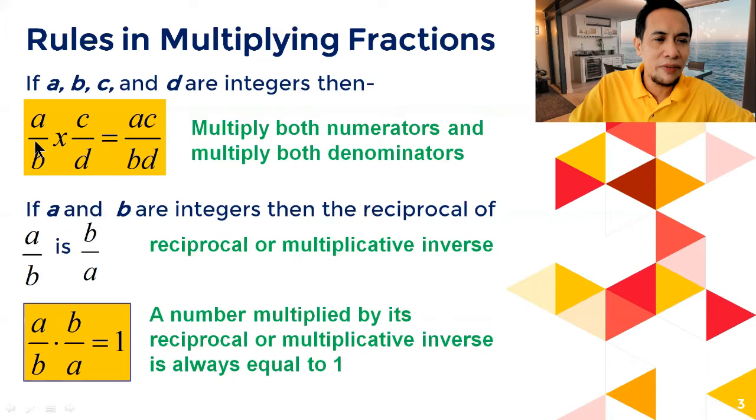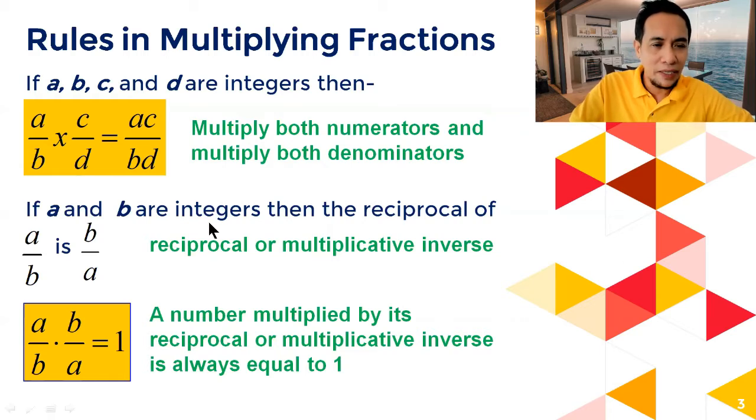So A over B times C over D: you multiply all the numerators, A times C, that's AC, over all the denominators, B times D, so that's BD. That's the rule for multiplication of fractions.